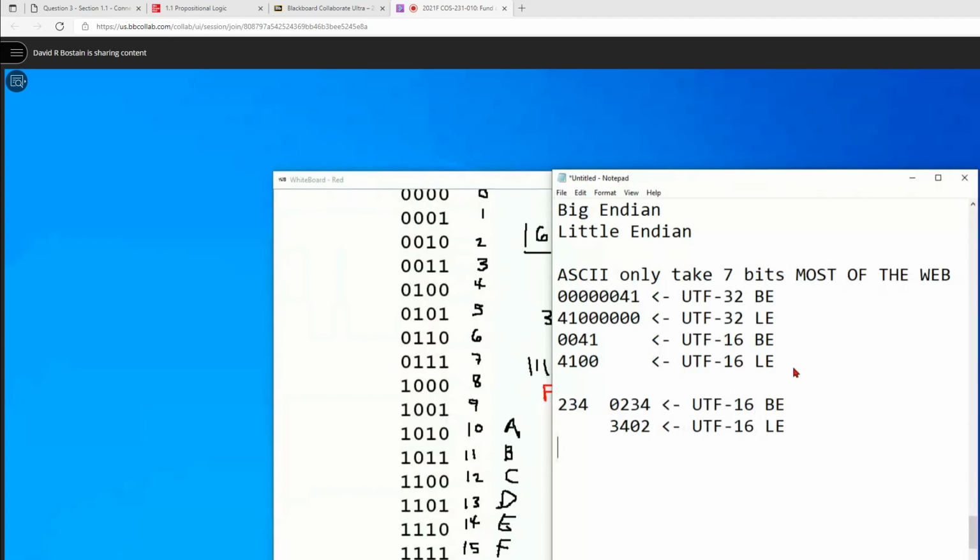Now let's assume for a second that the number I wanted to encode didn't fit in 16 bits. Let's just take a simple one here.